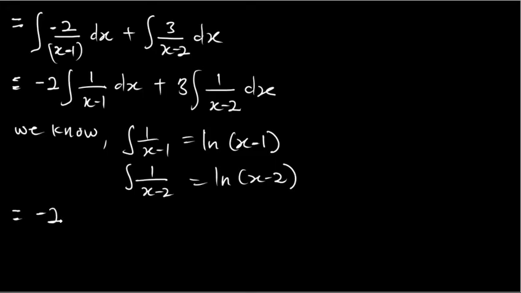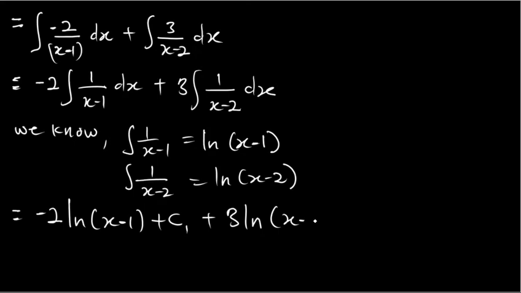So that will be negative 2 ln x minus 1, since it is integration, plus c1, the first constant, plus 3 ln of x minus 2 plus, let's say, a constant c2.